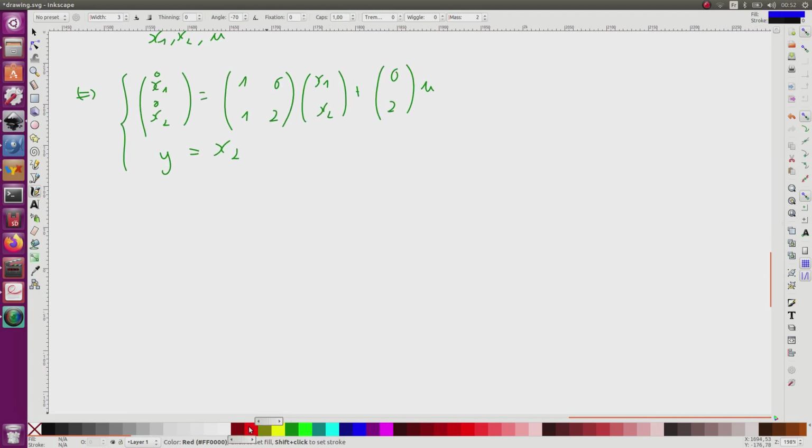I have u here. Here I will put the two integrators, one for x1 and one for x2. Recall that each state variable is associated with one integrator. And the first line tells me that x1 dot is equal to x2, so I have this.